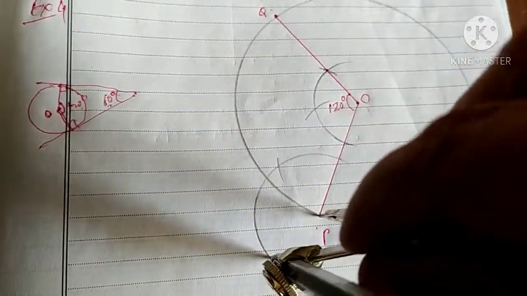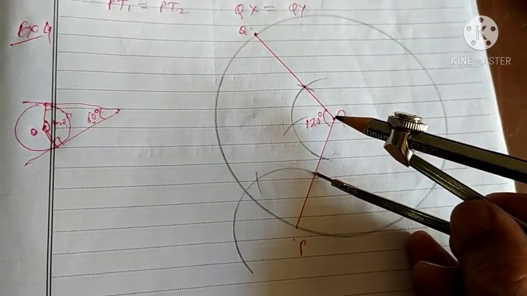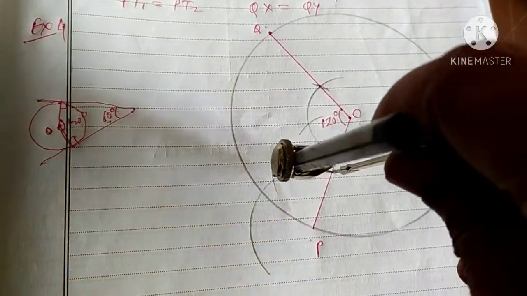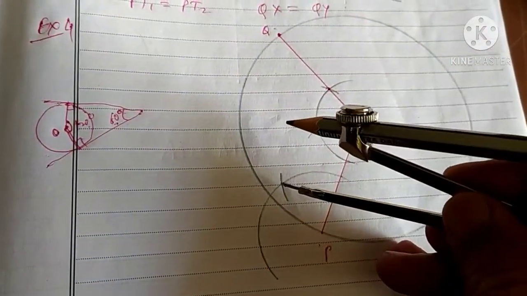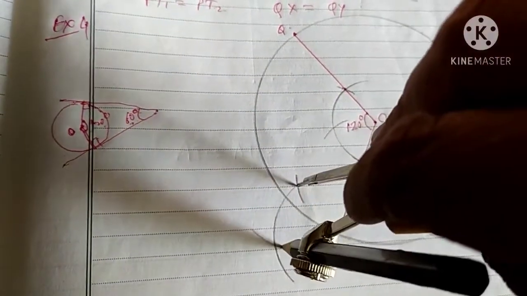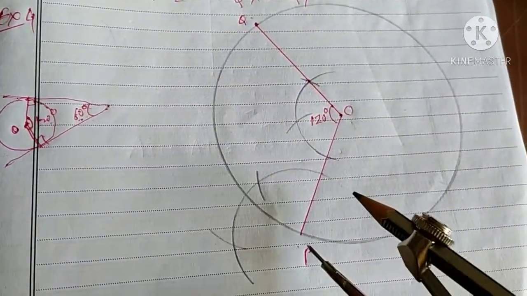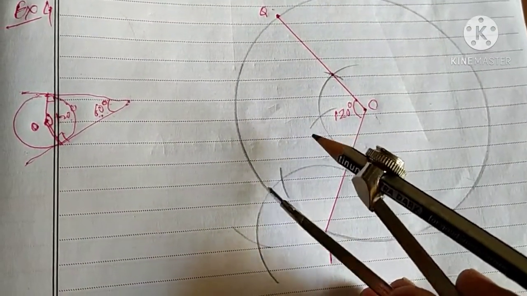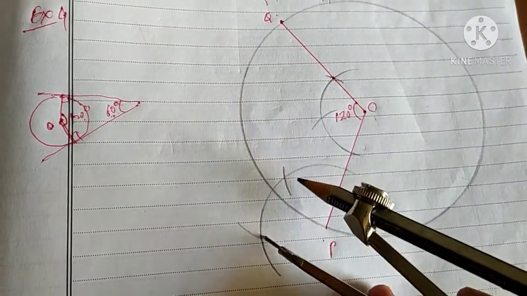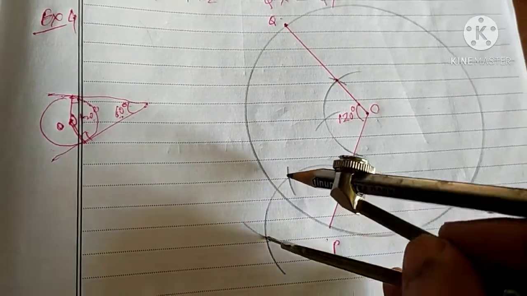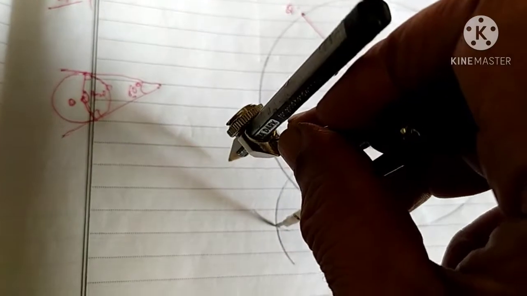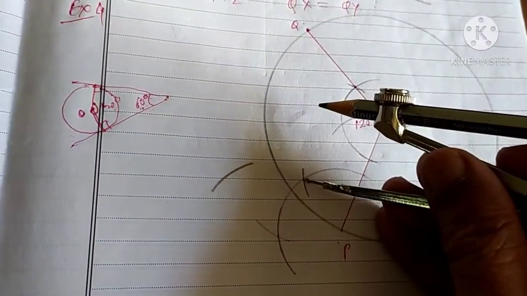Now this arc cuts at this point. Now with center this point and same radius, 60 degree, 120 degree. We want to construct a perpendicular at P. So 60 plus this 60. So I want 30 next to 60. So I will draw half of this.